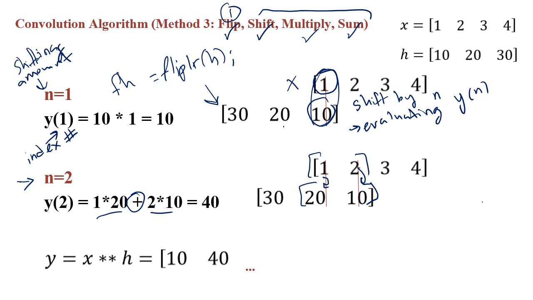So we already have some part of the code written to implement this method. The first part is to flip the signal, and then we also know that we need some sort of a for loop to iterate through each n, and this for loop is going to stop at the length of y.